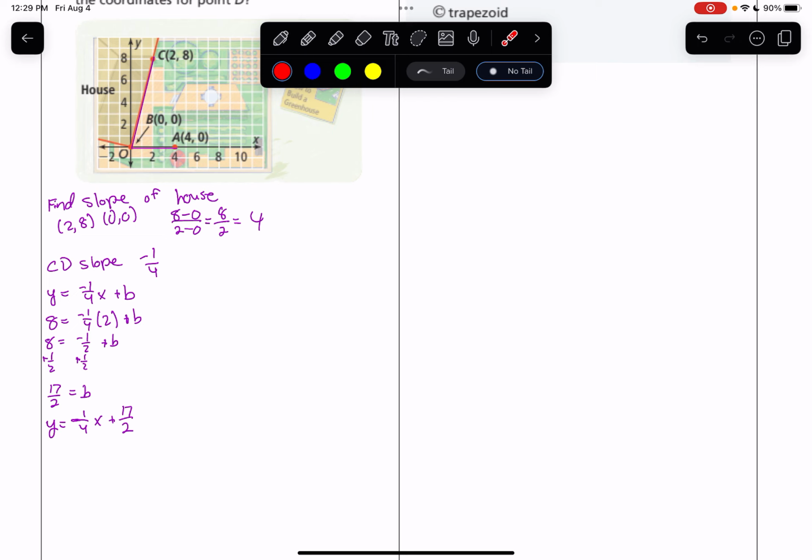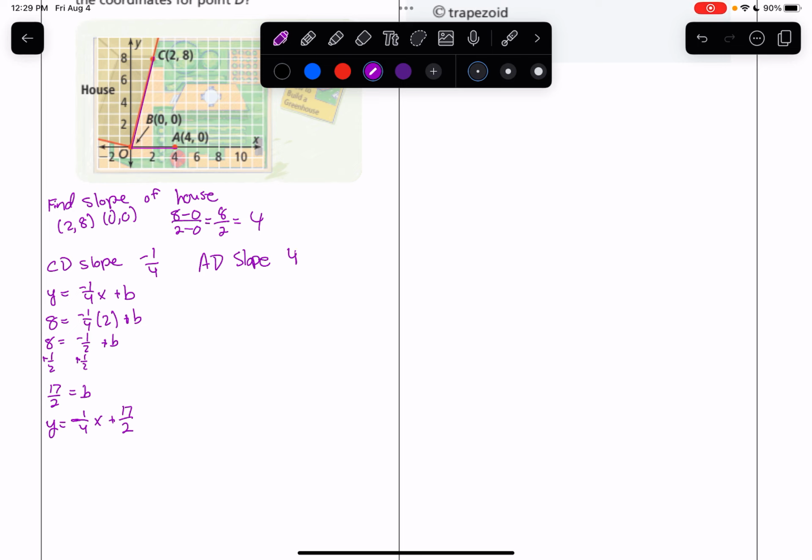So the slope of AD we already can find as well, because to make the shape a trapezoid, the slope of AD is going to need to be the same as the slope of the house, okay? Trapezoids have one pair of parallel sides, and this is the pair of parallel sides we're going to need to find. The slope of the house is 4, so the slope of AD is 4.